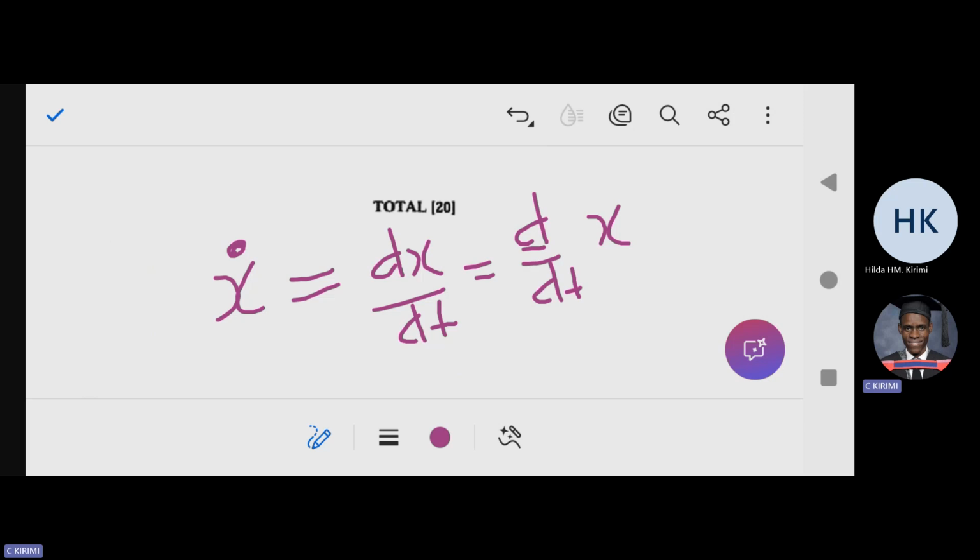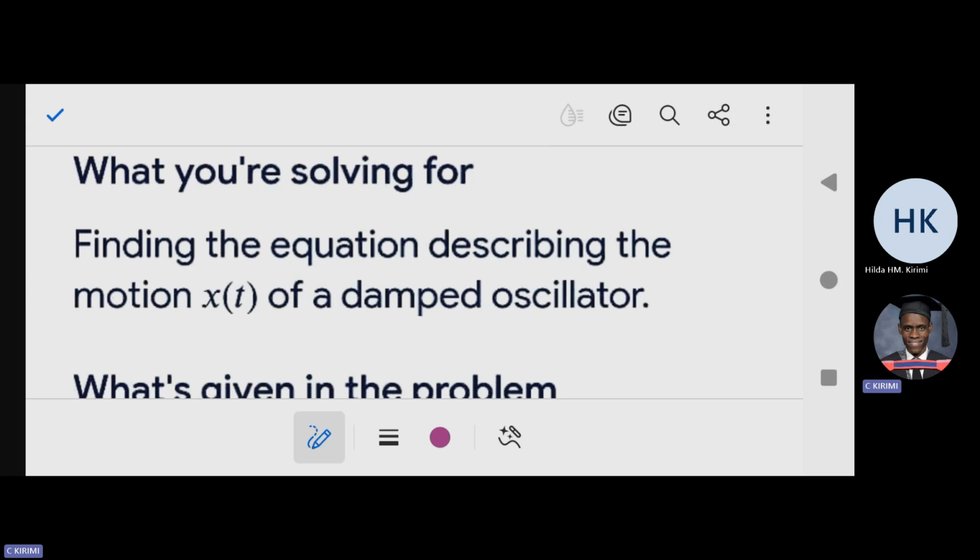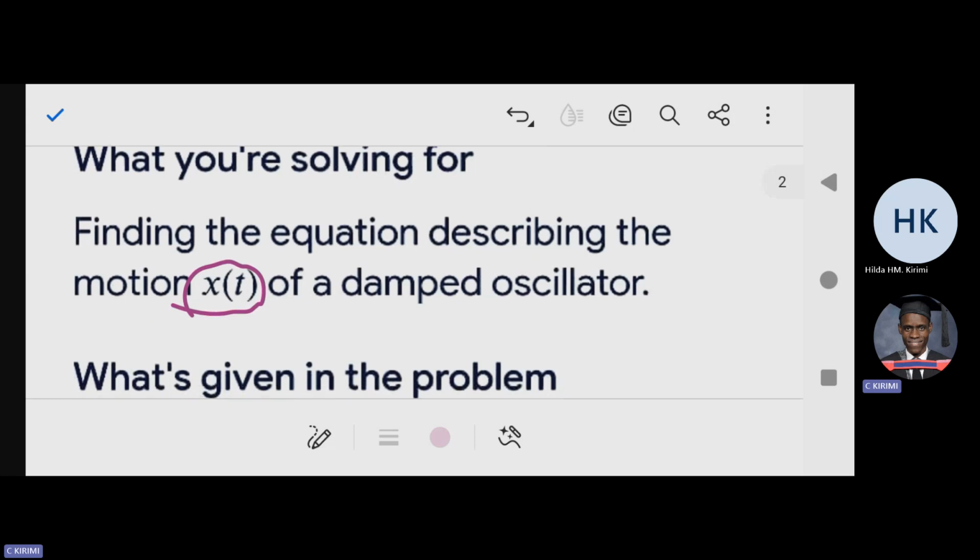That's why this one is your velocity, like what you indicated. Okay. So we must know the basics here. That's why I'm saying this x is with respect to time, not just an x like a variable. It's x of t, which means time. So that's what we are going to solve for: x of t for a damped oscillator.